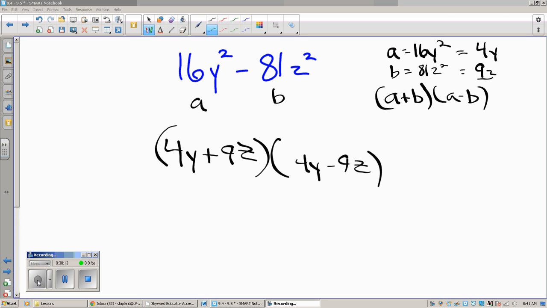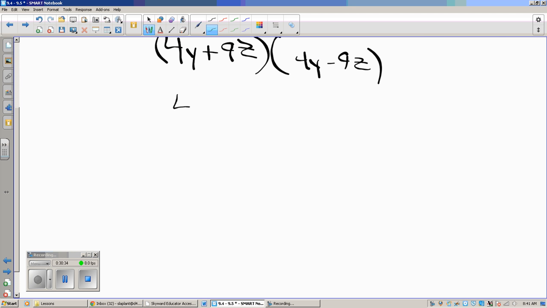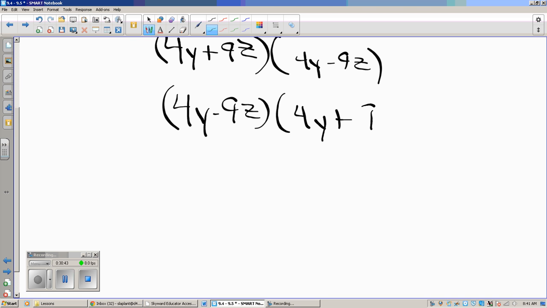Is it okay if we switch the signs? Instead of having 4y plus 9z, we have 4y minus 9z? Or won't that work? One has to be positive. Can you write it like this? Yeah, I think that's what I was saying.